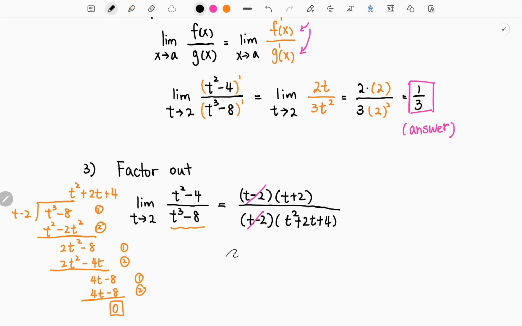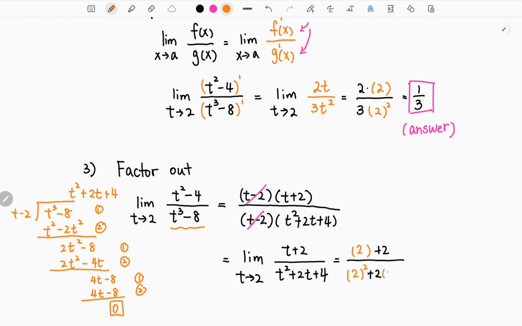Then our expression is left with the limit as t goes to 2 of t plus 2 over t squared plus 2t plus 4. Let's plug in the value again and see what we can get. And we got 1/3, which is the same answer as above.